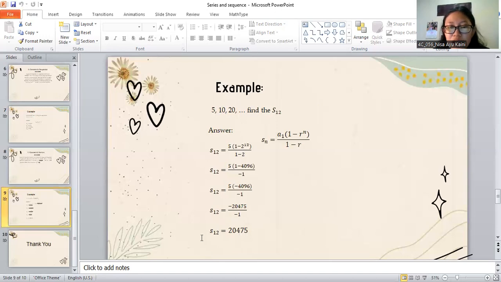So we get the result S sub 12 equals 20,475.